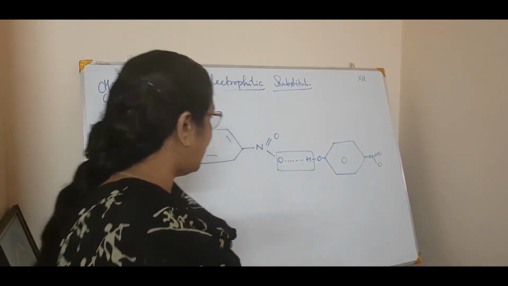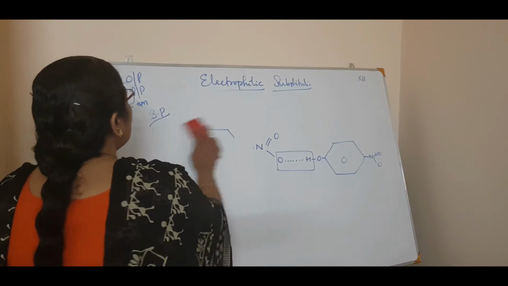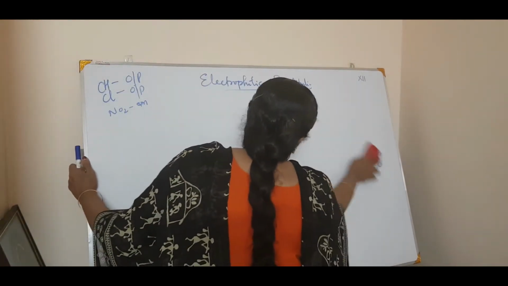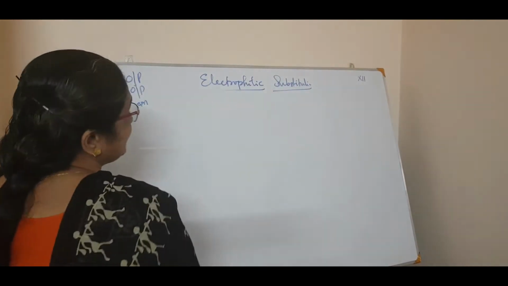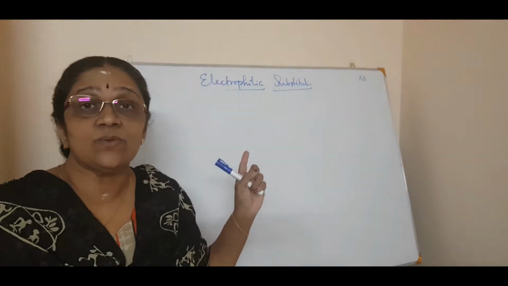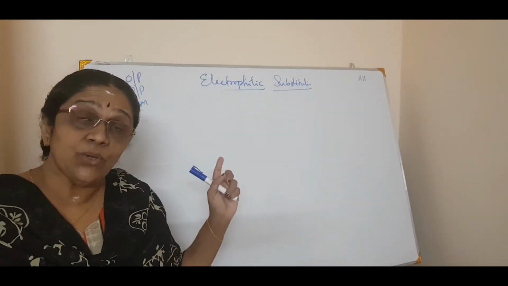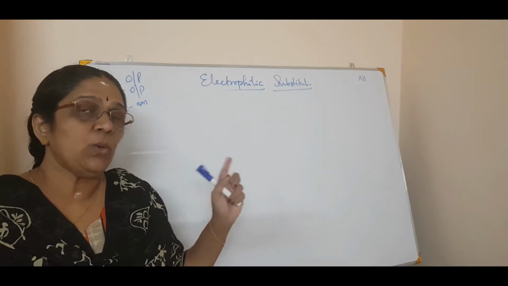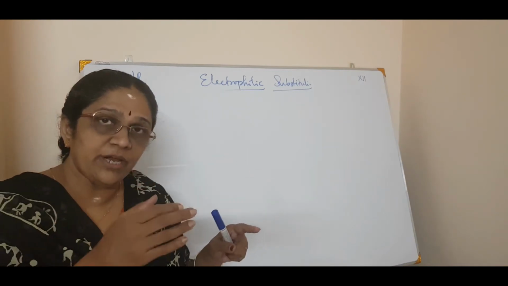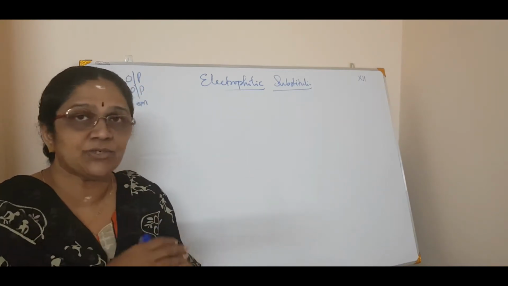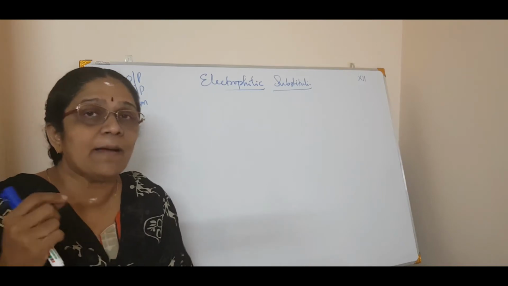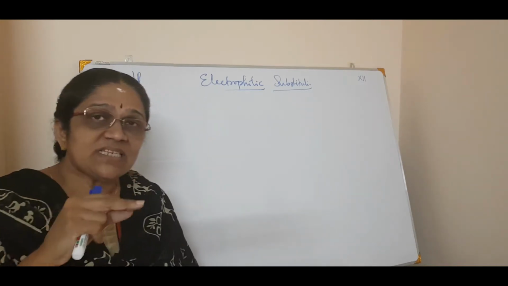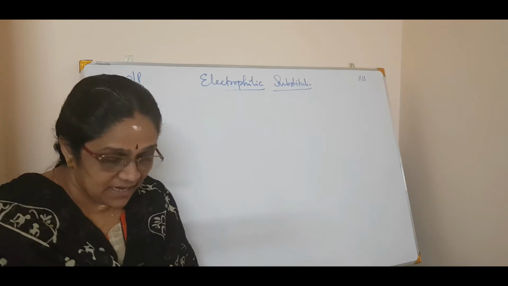Now what happens when phenol is treated with concentrated nitric acid? In the first case we studied dilute nitric acid, isn't it? Then you get a mixture of ortho-nitrophenol and para-nitrophenol. Now we will see what happens when phenol is treated with concentrated nitric acid.